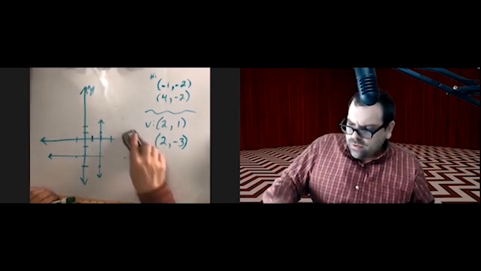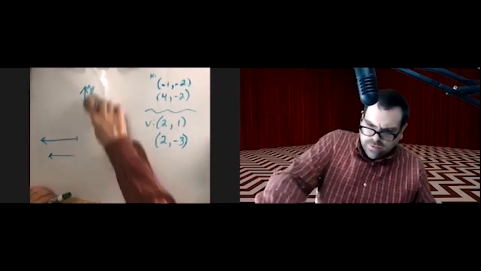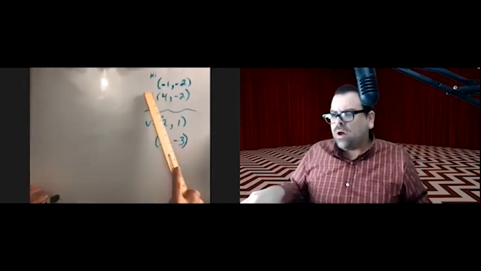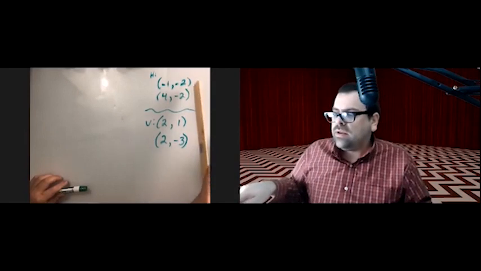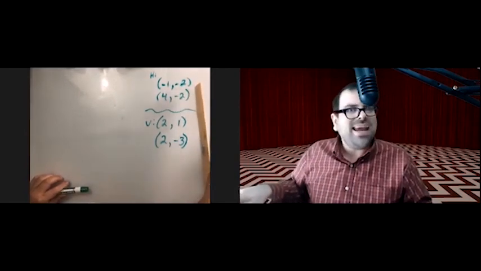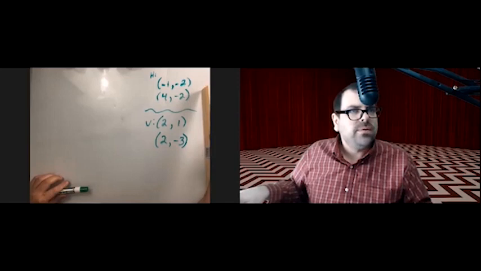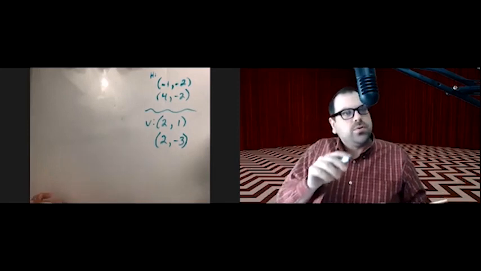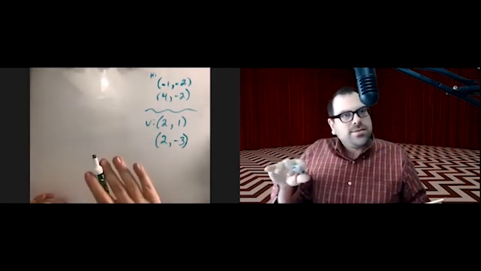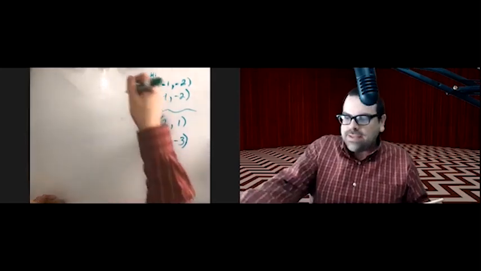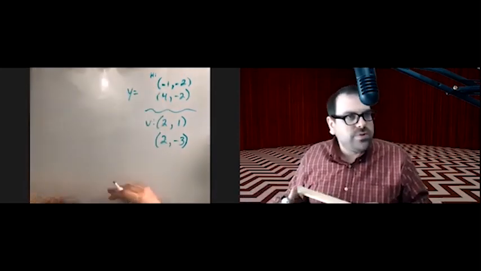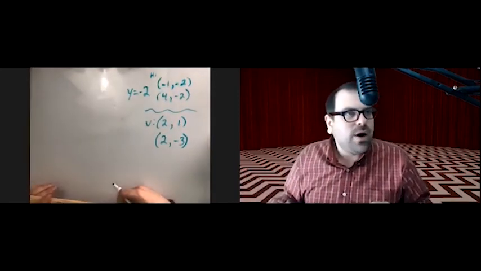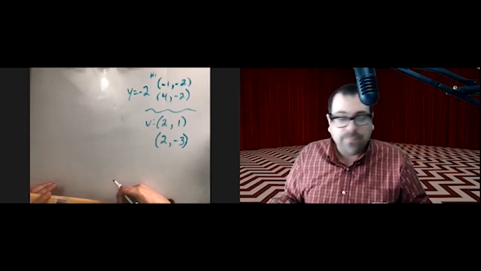So a horizontal line, we can see, has the same y coordinate. They're both -2. But that shouldn't surprise us because a horizontal line strikes the y-axis and is therefore the y equals a number. In this case, that line must be y equals -2.